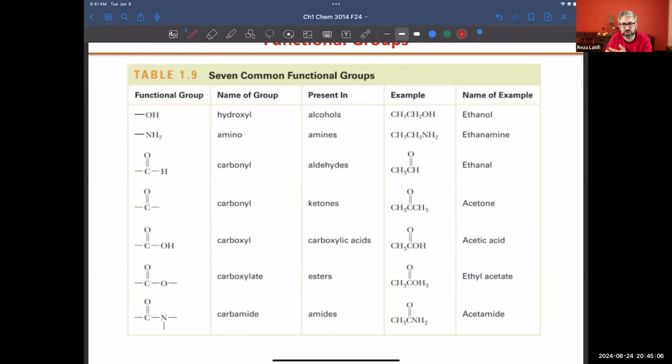By just seeing the symbol, you can easily predict the chemical reaction or maybe the physical or chemical properties of that compound, and also the name as well.